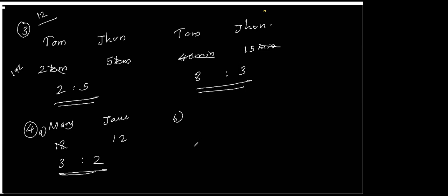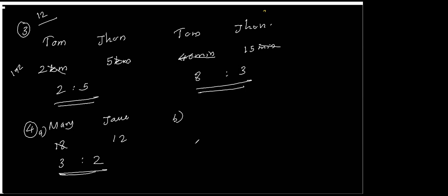As Mary has 6 sweets more than Jane, she tries to even things out by giving Jane 6 sweets. Mary gave 6 sweets to Jane.